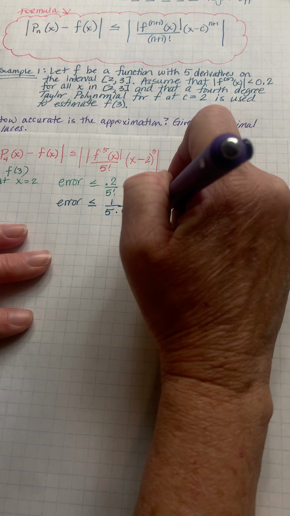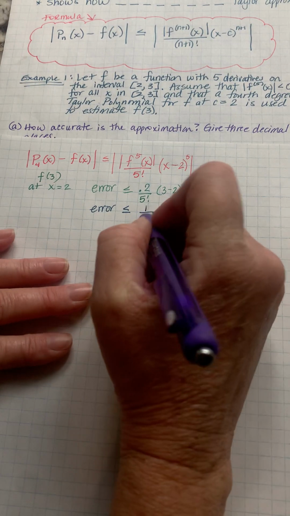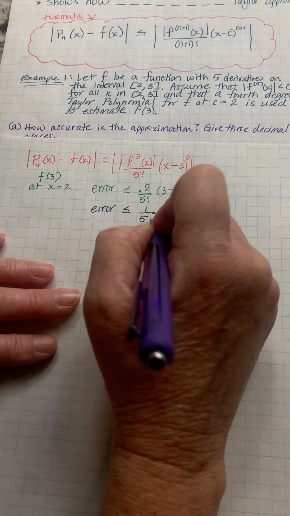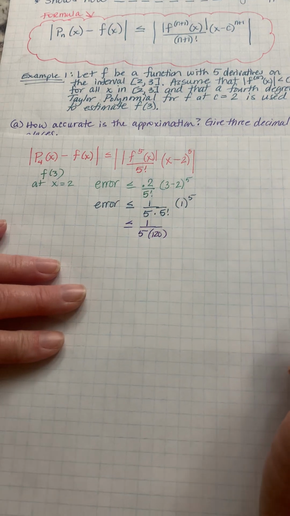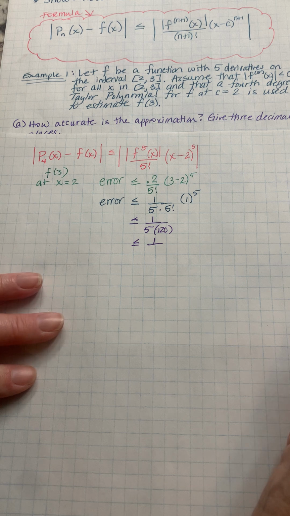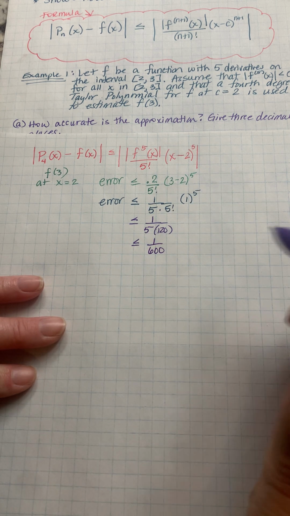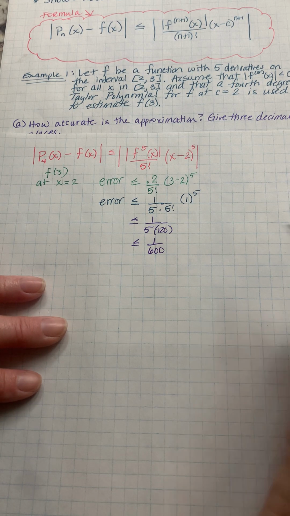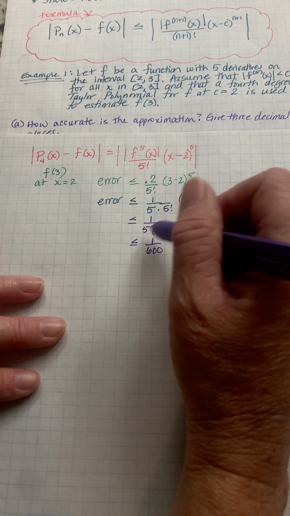So this is going to be less than or equal to 1 over 5 factorial. 5 factorial is 120, which I just happen to know, and 120 times 5 is 600. And 1 over 600, if they're going to give you a decimal, you can either leave it as a fraction, or that would be perfectly acceptable.